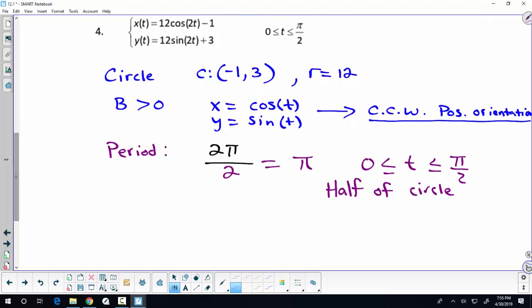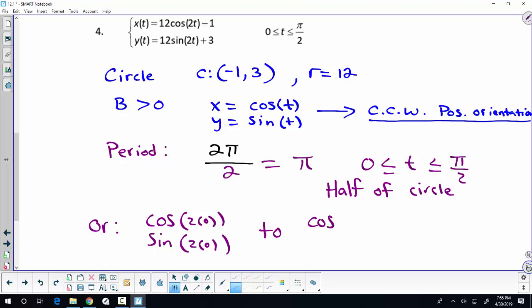Or we could think about it like this. Our argument still is 2t. So we're basically looking at cosine of 2 times 0, sine of 2 times 0 for the initial point. And then we're going all the way to the cosine of 2 times pi over 2, and the sine of 2 times pi over 2.